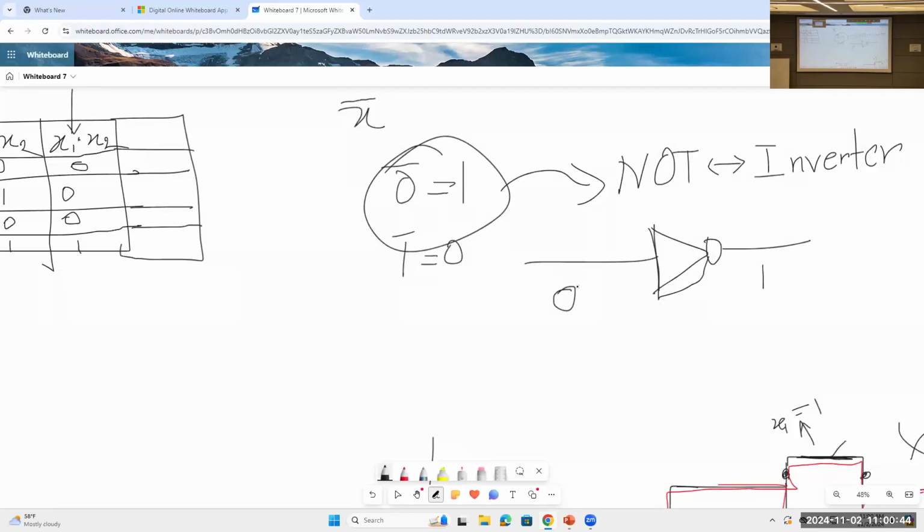So this gate is called a NOT gate or an inverter. When we input 0, it will give you 1, and if we input 1, the output of the NOT gate will be 0. Whatever it gets, it just inverts.